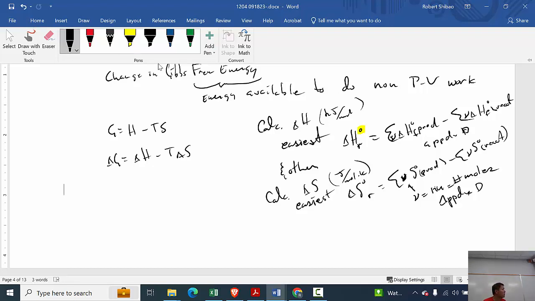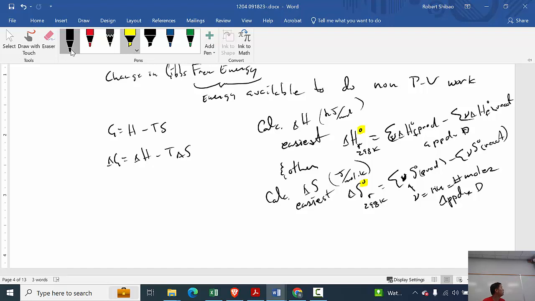And so if we're using Appendix D, then the temperature is restricted to 298 Kelvin. If we're working at a temperature not at 298 Kelvin, then the data is not going to be accurate. And so we have to be careful with that. It may be close. And so these are our restrictions.